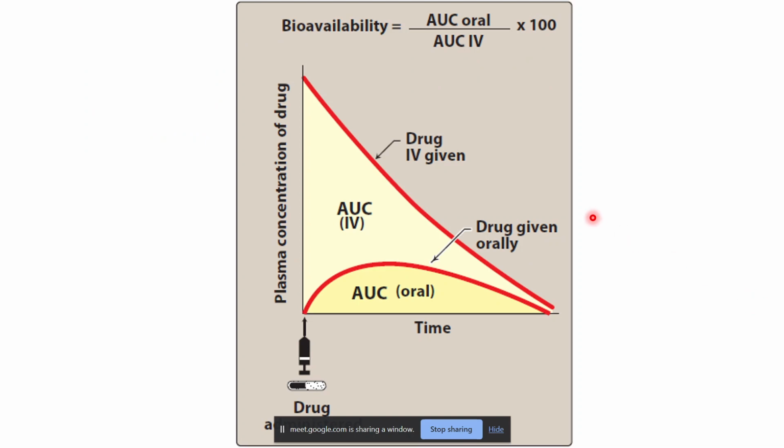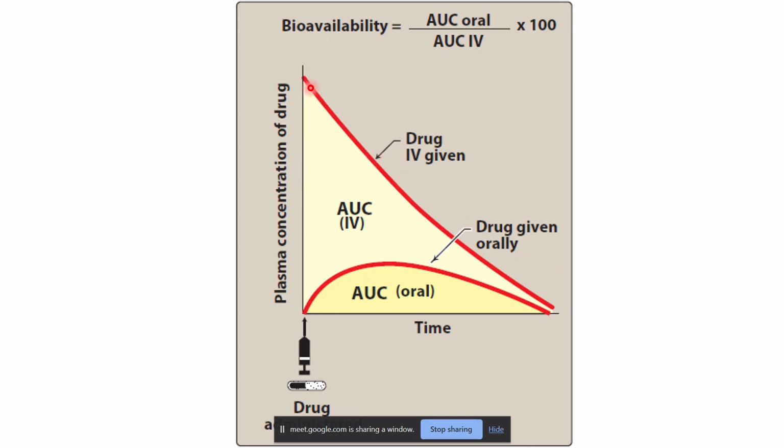Then bioavailability is the amount of the drug that is seen in the blood compared with the maximum amount that is seen after the intravenous injection. To measure the bioavailability, we need to plot a graph with the concentration of the drug after the intravenous injection.